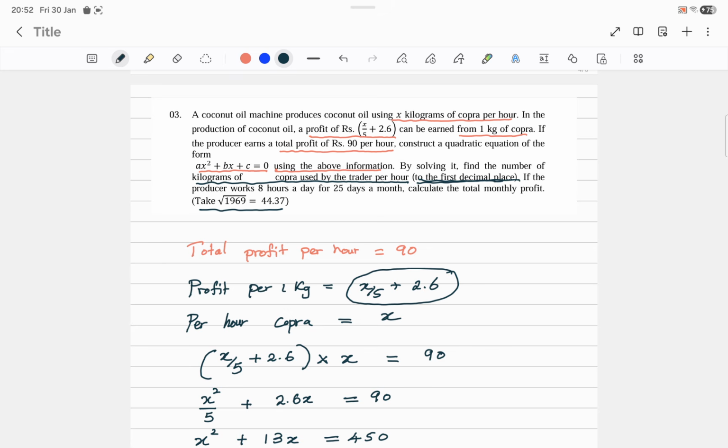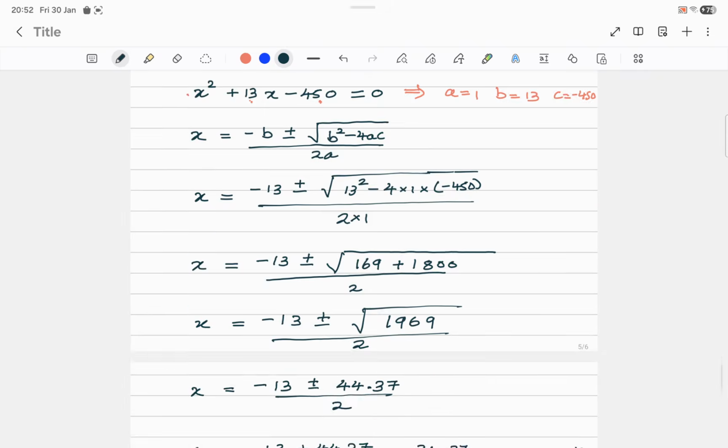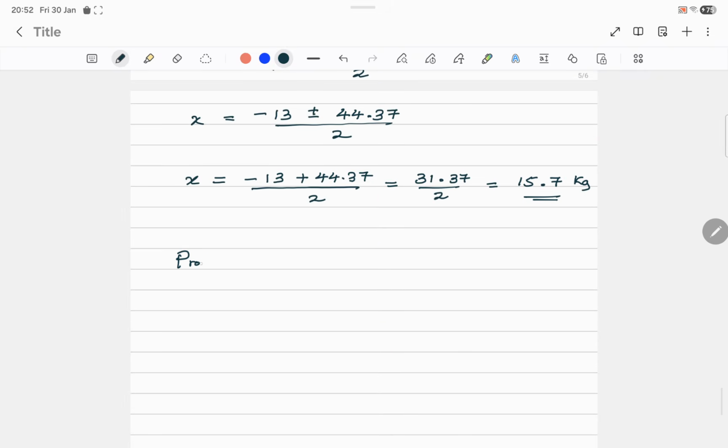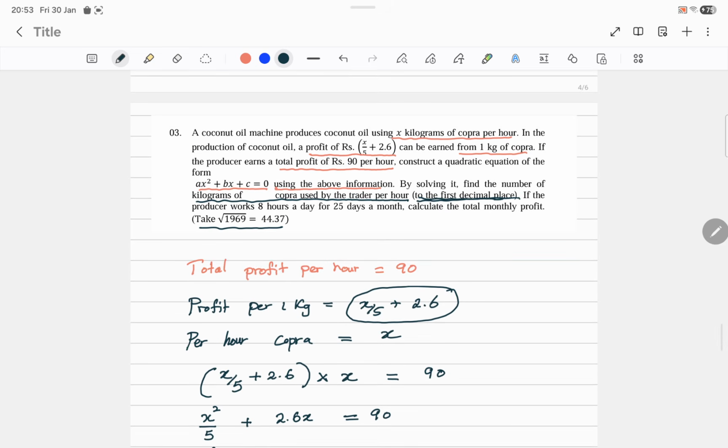Then they say, if the producer works 8 hours a day for 25 days a month, calculate the total monthly profit. So we know the profit per hour, which is 90. So let's figure out the total number of hours. How many hours do they work? 8 hours a day for 25 days.